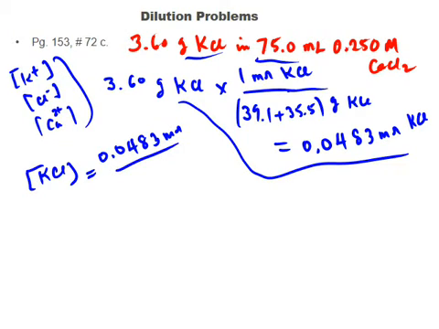So change it to liters, divide by 1000. So that's why you get 0.075 liter, and this gives you 0.643 moles per liter, or capital M. That's the net concentration of potassium chloride in the solution.